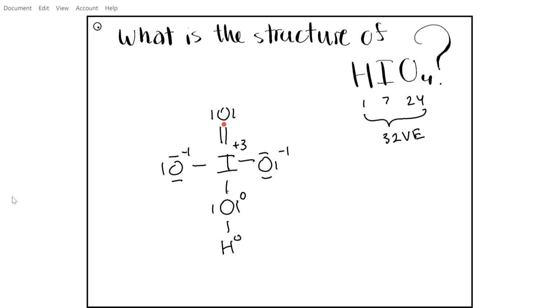Because if we do that, we have oxygen's preferred state, right? We know that oxygen likes to make a double bond because it's easy for it. It wants 2 more valence electrons. So we're going to give all these oxygens double bonds.